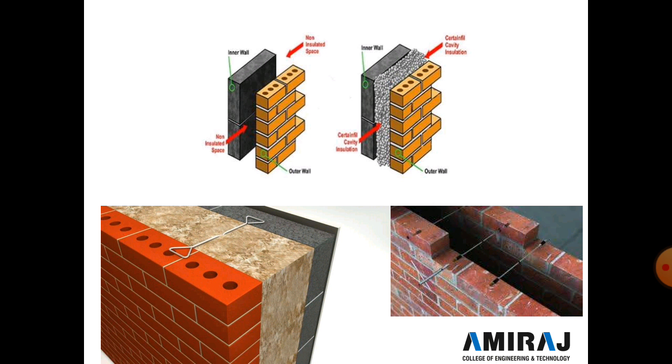This gap is called the cavity. The minimum dimension of this cavity is 4 centimeter, and the maximum gap between the inner and outer wall is 10 centimeter. More than 10 centimeter is not accepted in a cavity wall.